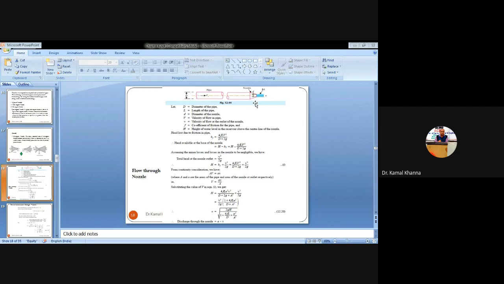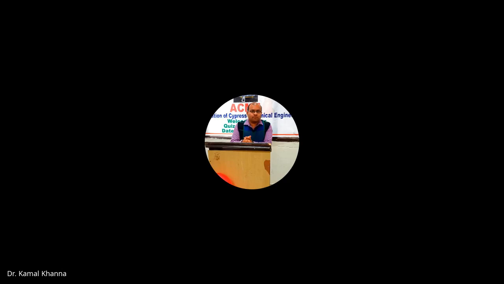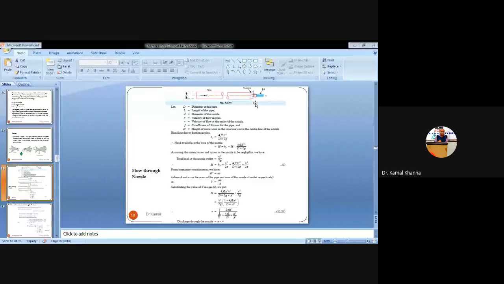Now you can see that the total head available at the entry of the pipe is equal to H minus hf. As soon as the water is leaving the pipe through the converging nozzle, there is always some loss of head. Why this loss of head? Because it is due to the major loss of energy, in the form of frictional force occurring between the layers of the liquid, and between the liquid and the inner portion of the pipe. So this is hf.